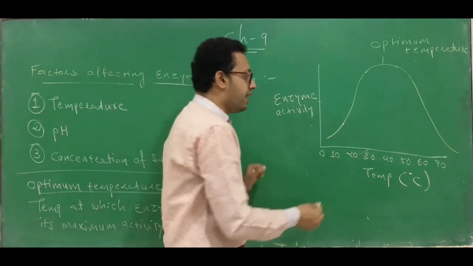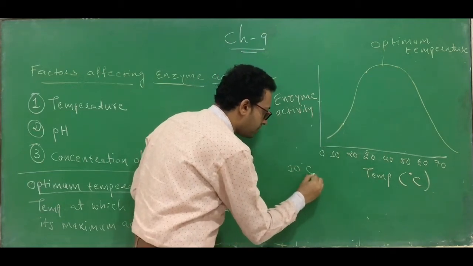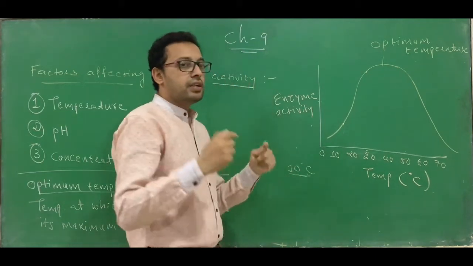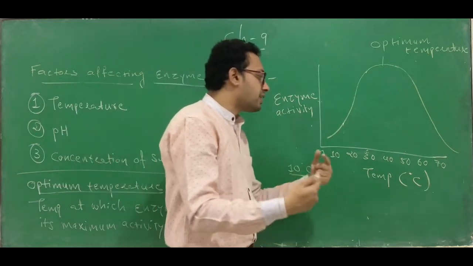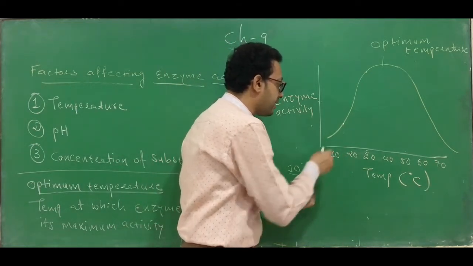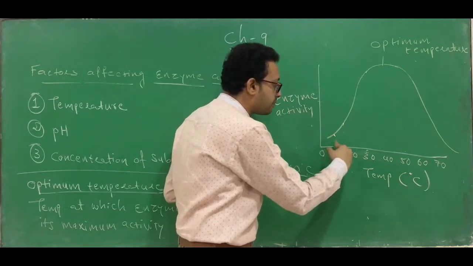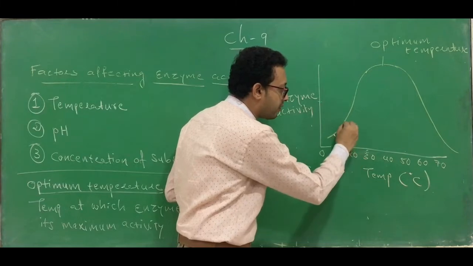Usually, when the temperature is increased by 10 degrees Celsius, suppose you assume that this is the activity of an enzyme at 10 degrees Celsius, whatever it may be. If you increase this by 10 degrees, 10 plus 10, it becomes 20.